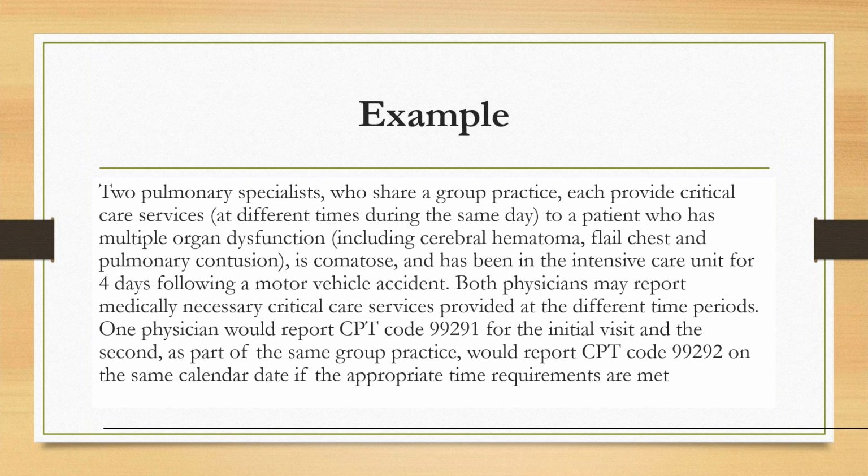The question might be then, well, does he get to add his extra time to be able to pick up that 99292? And the answer would be no. So I need to tell you how the second pulmonologist would bill if he doesn't meet the treatment criterion for his second visit. But let's just say, for example, he does and it is legit. You'd add together the time for both providers and bill your 99291 and 99292 accordingly.